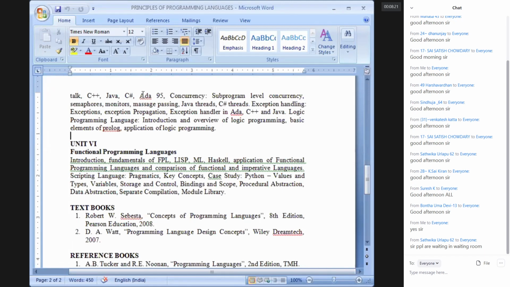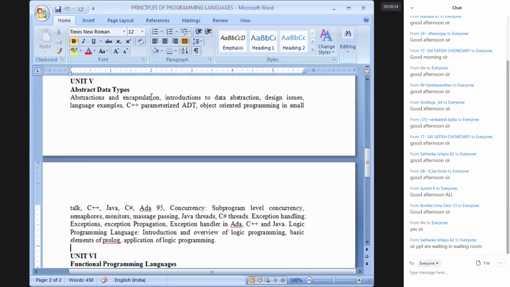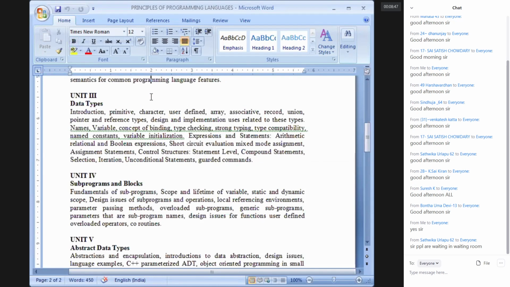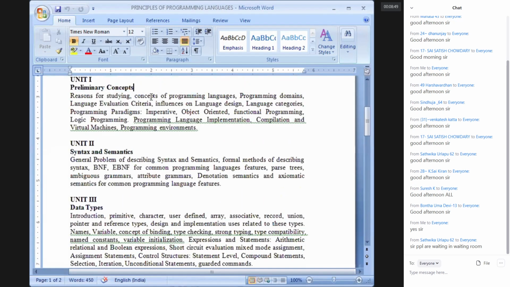You can search how it has come about. Ada is named after Lady Ada Lovelace. She helped in building the Babbage computer, with the language required for it.